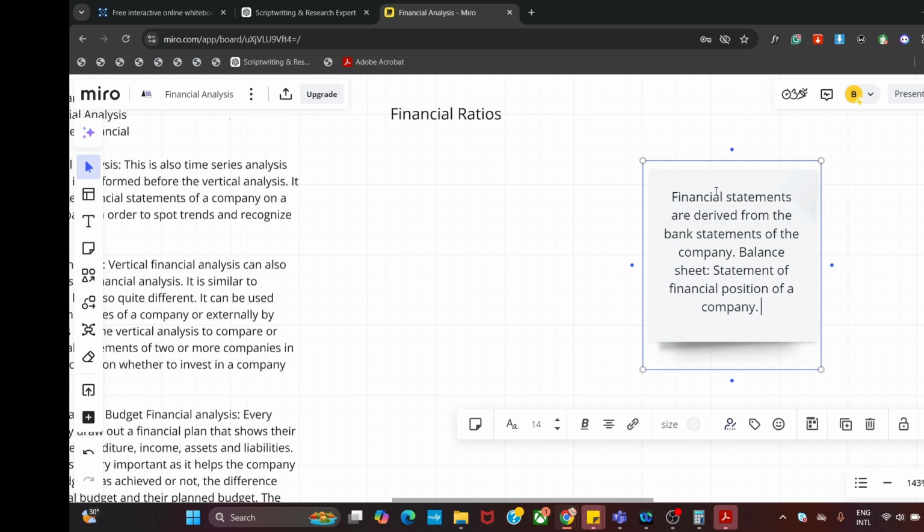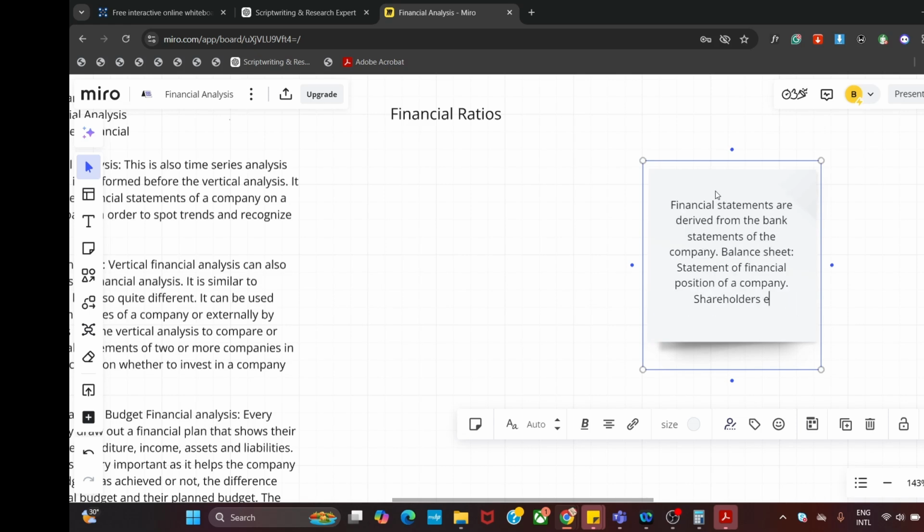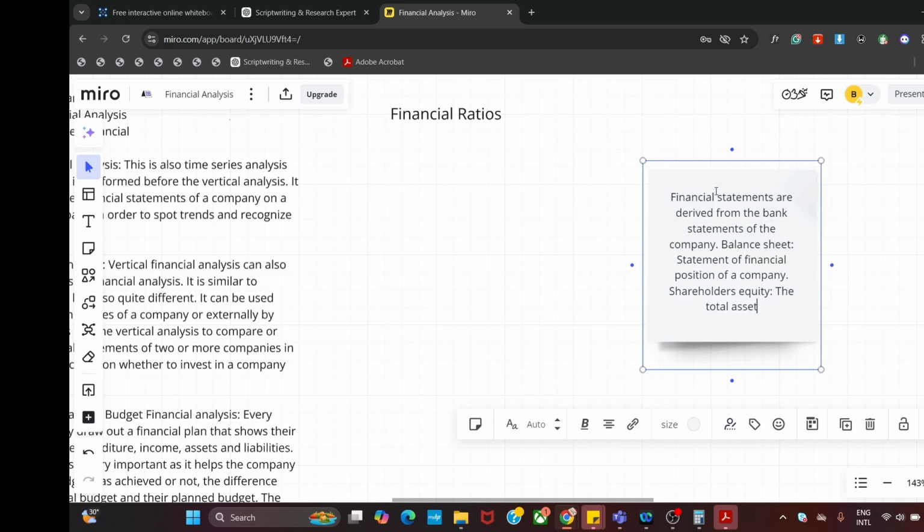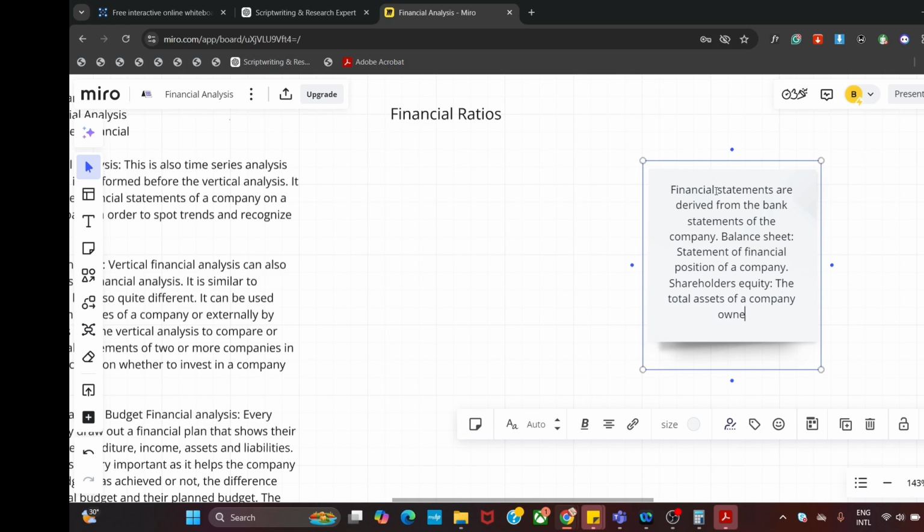The balance sheet gives a snapshot of the assets of a company, the liabilities of a company, and the shareholders' equity of a company. When we talk about the shareholders' equity, we mean the total assets of a company owned by its shareholders.